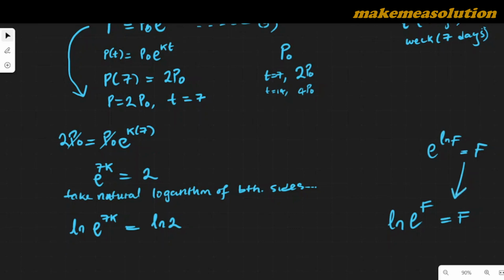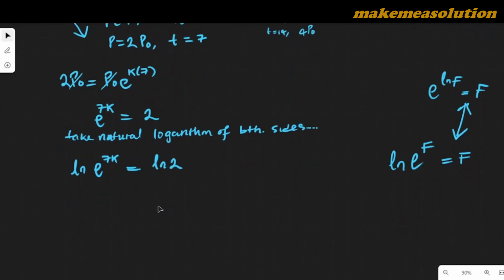So these are inversely related identities. Maybe in another video I'll explain to you why it's like this. So take note of these important identities. So if ln exponential 7k reduces to 7k, then we have 7k equals ln 2, so that k under the ideal assumption is going to be ln 2 divided by 7.